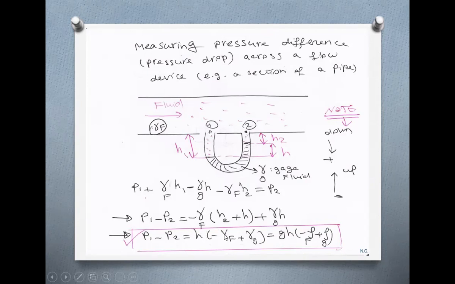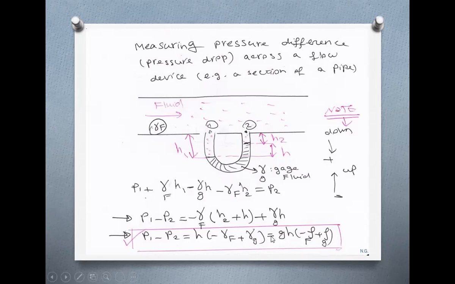And you multiply by gamma of the gauge fluid minus gamma of the fluid in the pipe. And it's always like that. So it's P1 minus P2 being equal to H, the rise of the gauge fluid in one leg, times gamma of the gauge fluid, which is mercury, minus gamma of the fluid in the pipe. So that way you can calculate the pressure difference. Is there any question, guys?